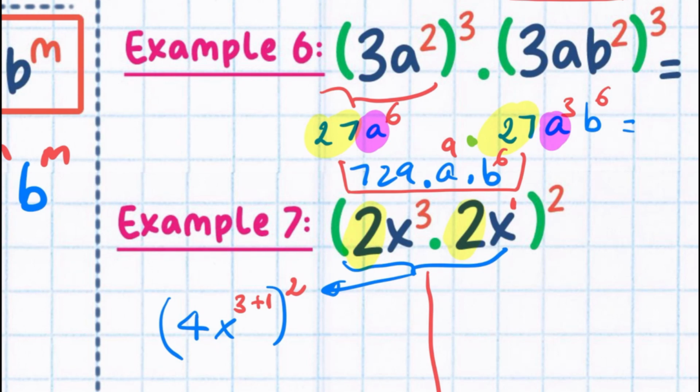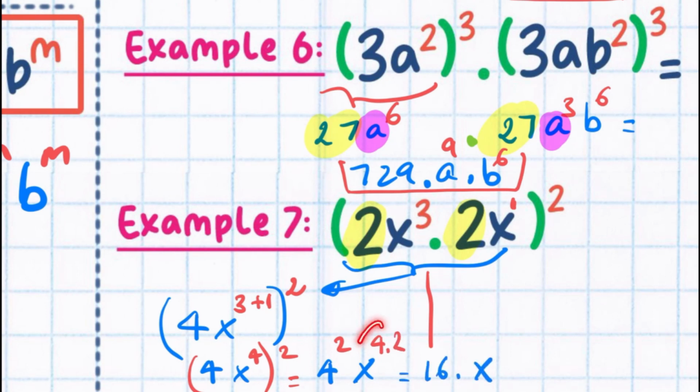So I have 4x to the power of 4 raised to the power of 2. Now I'm going to distribute my exponent of 2 to all of them. 4 to the power of 2, x to the power of 4 times 2, is equal to 16 times x. 4 times 2 is equal to 8. So my final answer is this one.